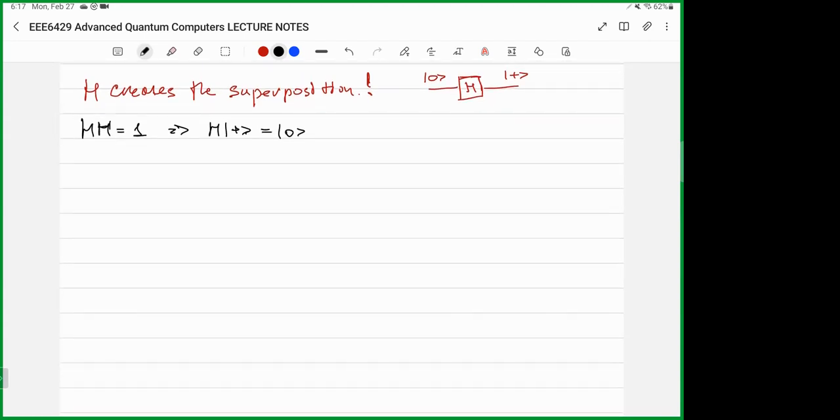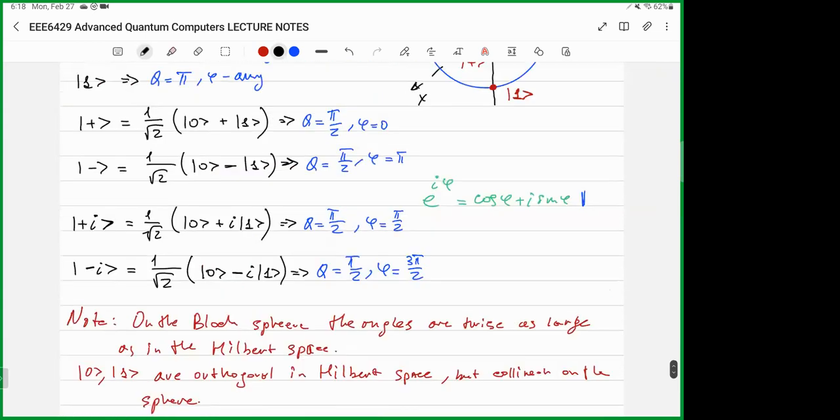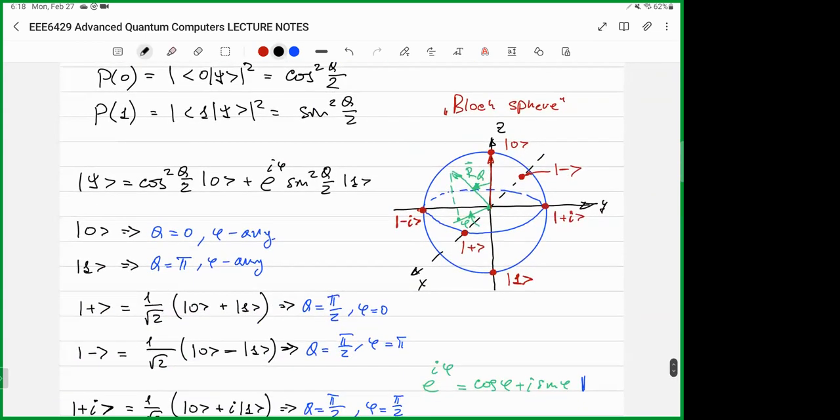And why is it important? Important because it creates the superposition of the states of a single qubit, which is important for the computations, and also it is useful, for example, if we can do the measurement in the z basis, right? Z basis means that we can measure the state 0 or 1, right? So this is called z basis.